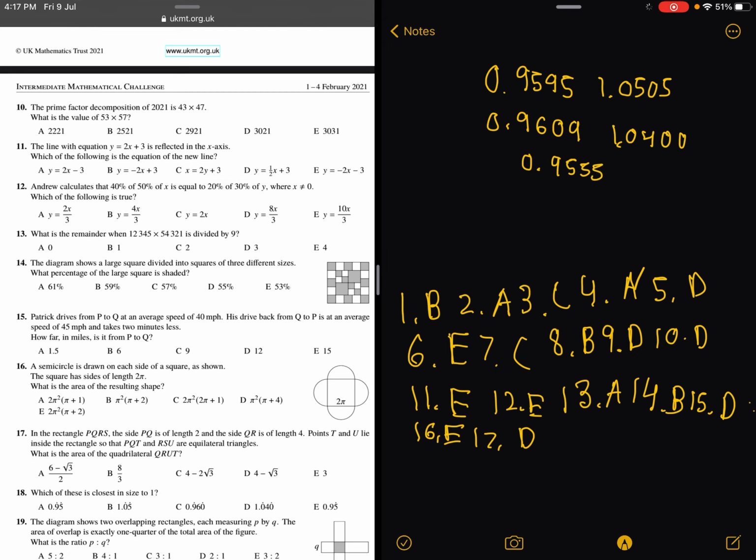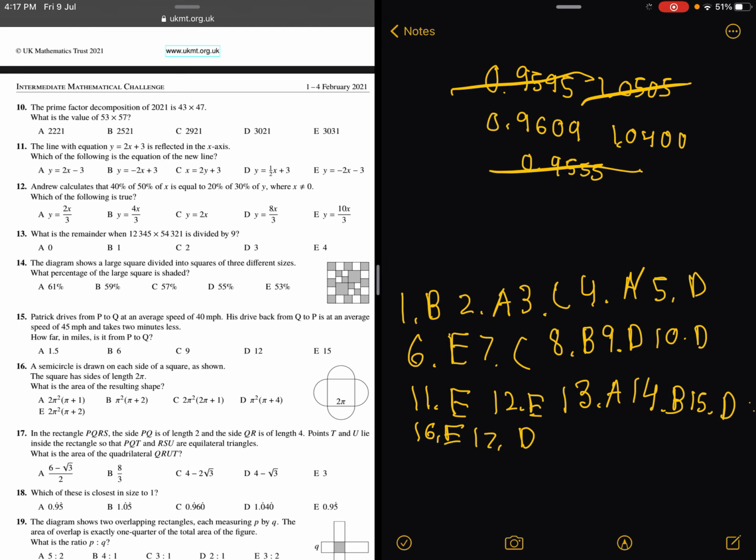We can already see 0.9555 is too great and 1.0505 are far above. And we also know 0.9595 is smaller than 0.9609, so this also has to go. So we are left with 2 options, 0.9609 and 1.0400.